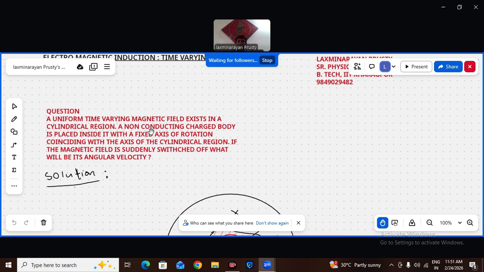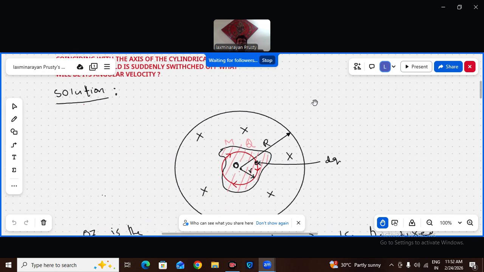A non-conducting charged body is placed inside it with a fixed axis of rotation coinciding with the axis of the cylindrical region. This is cylindrical region B existing here, and this is a body. As you see, this is an arbitrary shaped body placed such that its axis of rotation coincides with the axis of the cylindrical region.